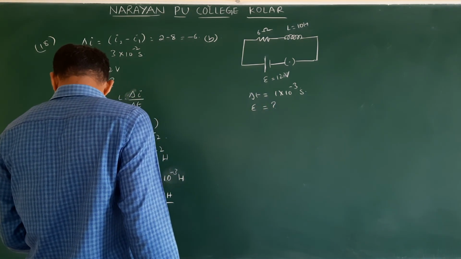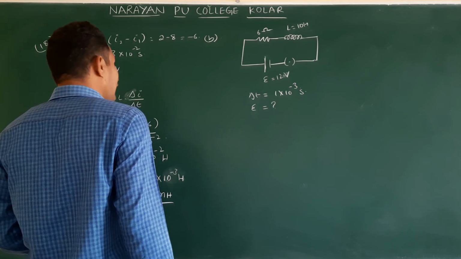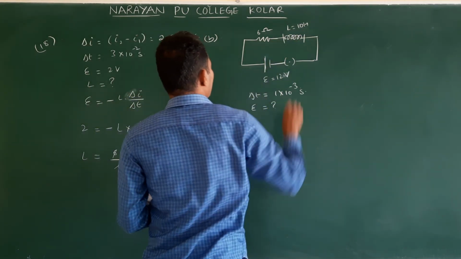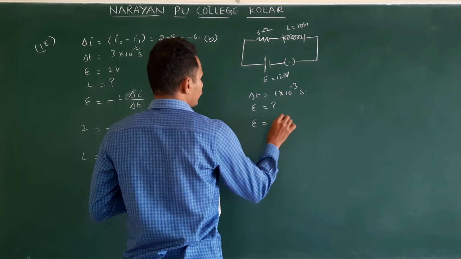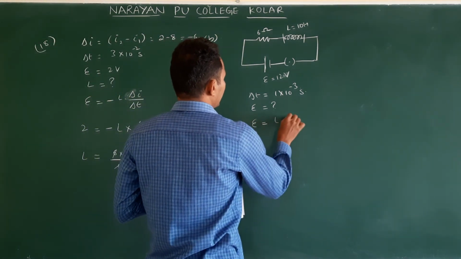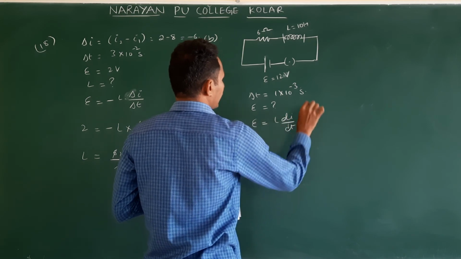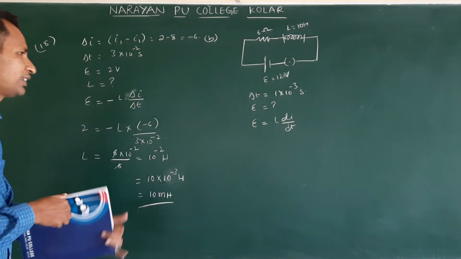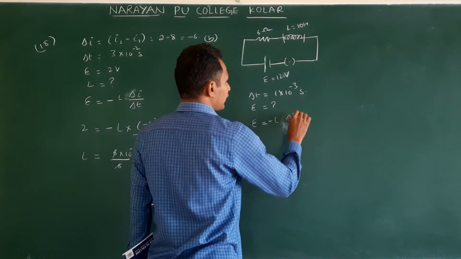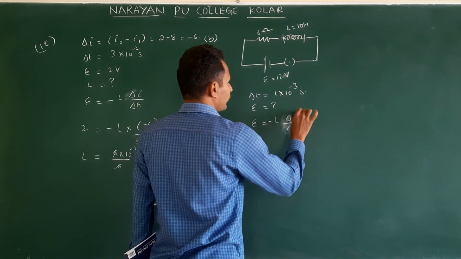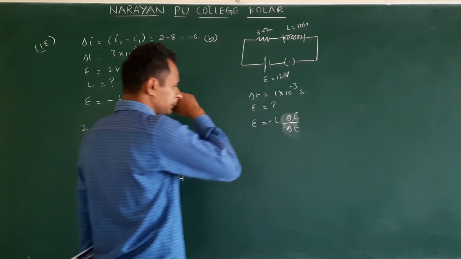Calculate the EMF induced across the coil. Then how do you write? E is equal to minus L di by dt, or we will write like this, delta I by delta T.